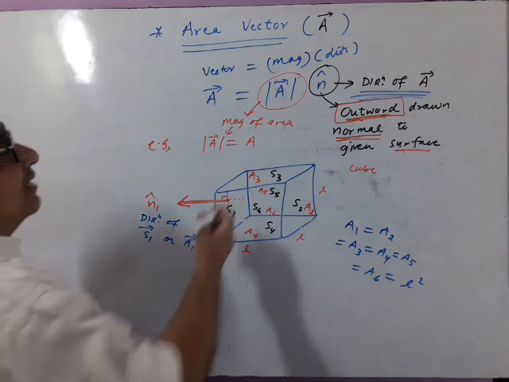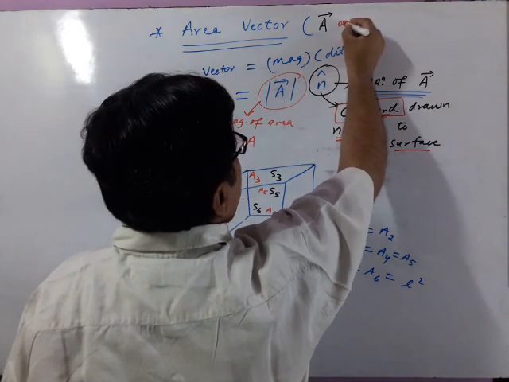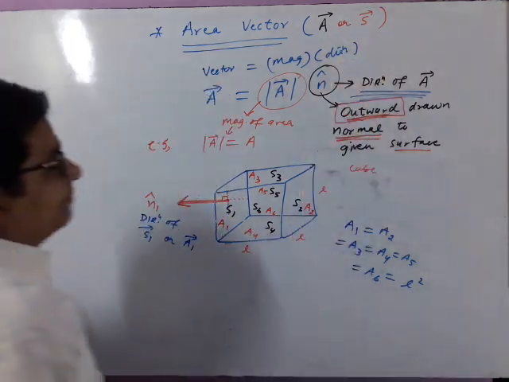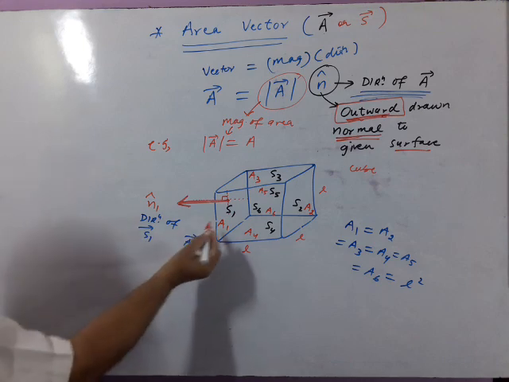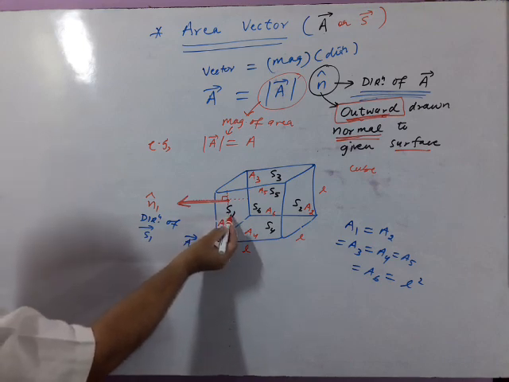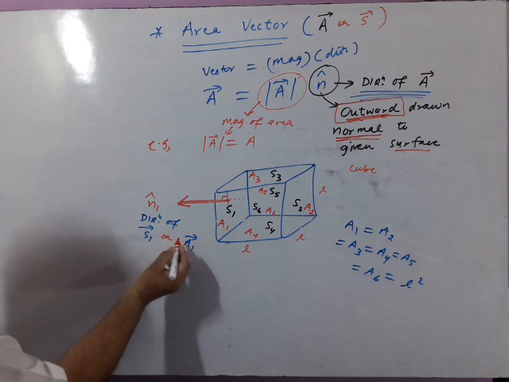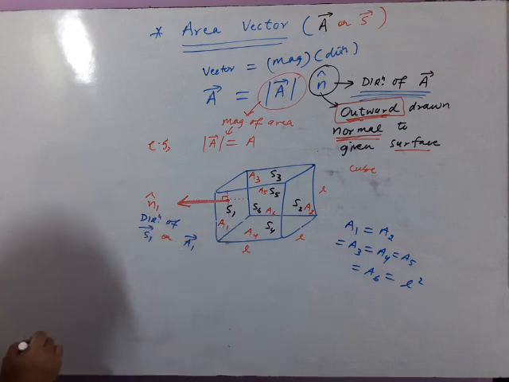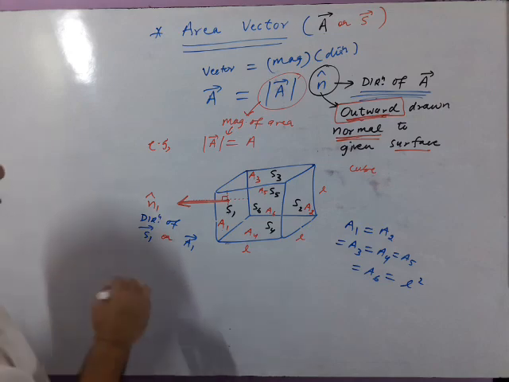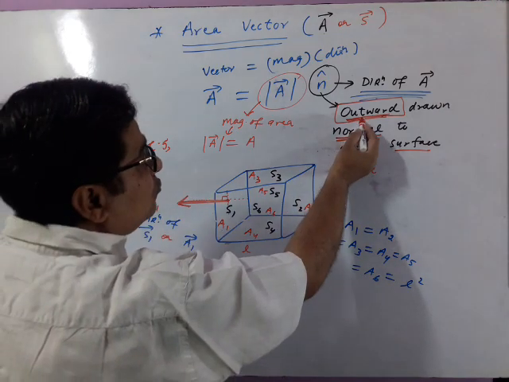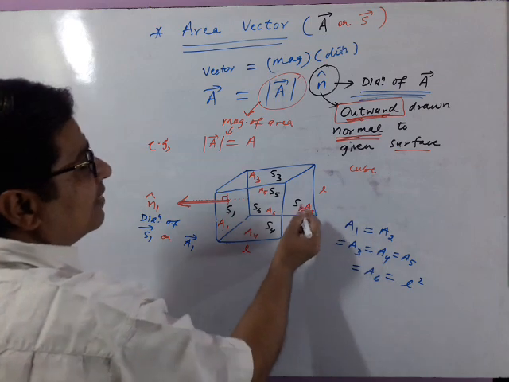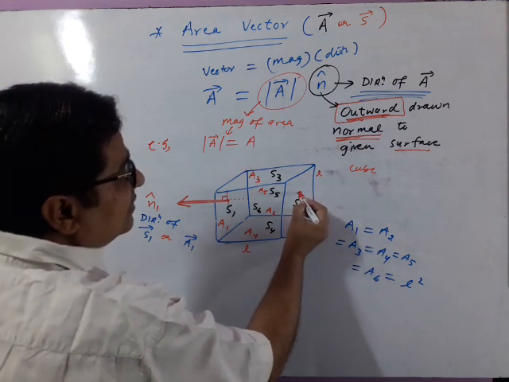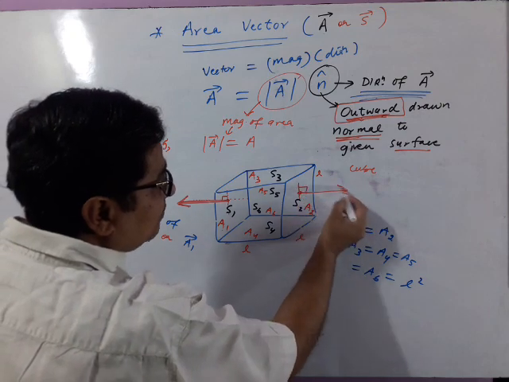Remember, area vector can be written as A vector or S vector: area vector or surface area vector. So this is area 1 or surface 1, surface area 1. This n1 cap gives the direction of area 1 or S1 vector. Remember, focus on this line: outward normal. See, for this face S2, this is outward as well as normal.